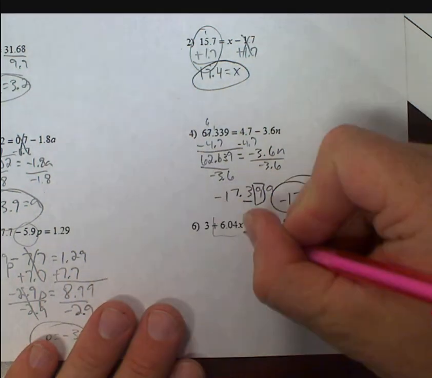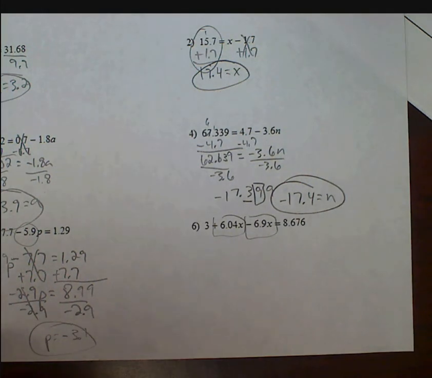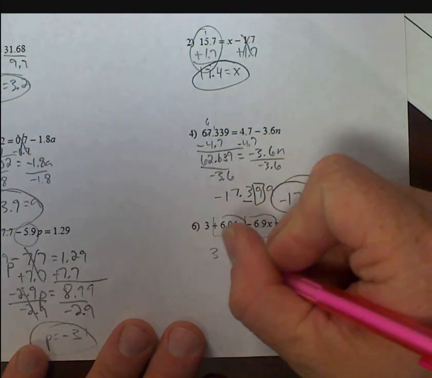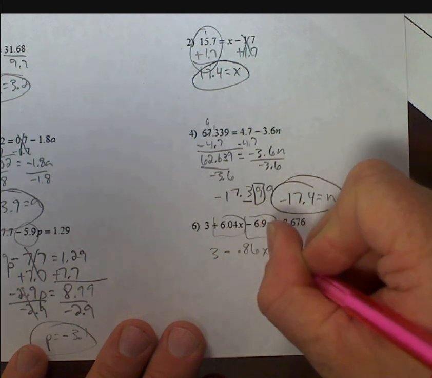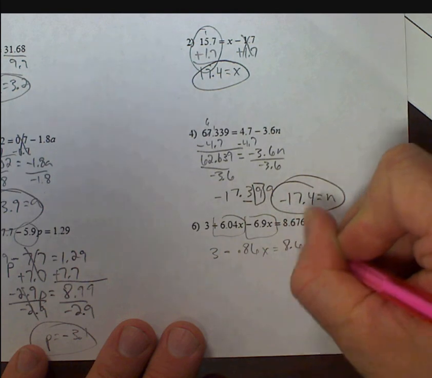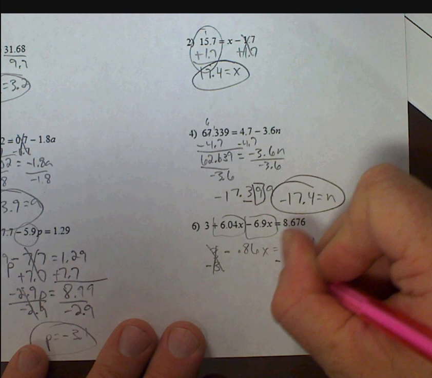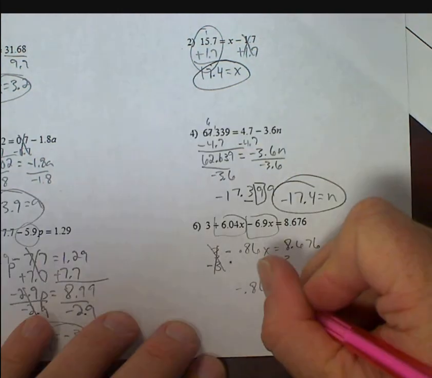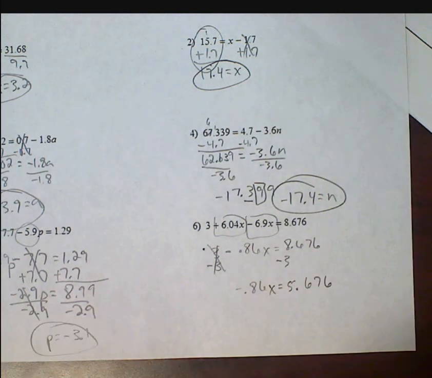Number 6. These two are my like terms. So 6.04 minus 6.9, negative 0.86. So I have 3 minus 0.86x equals 8.676. Get rid of my constant, minus 3, minus 3, negative 0.86x equals 5.676.